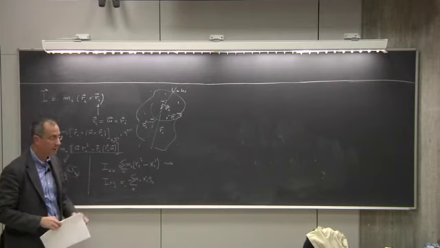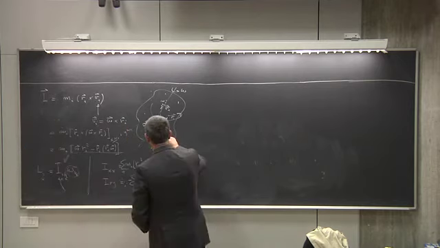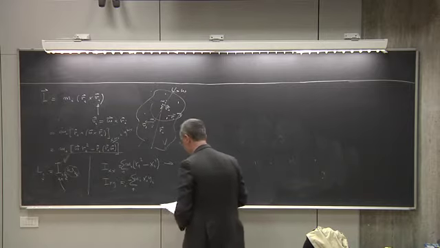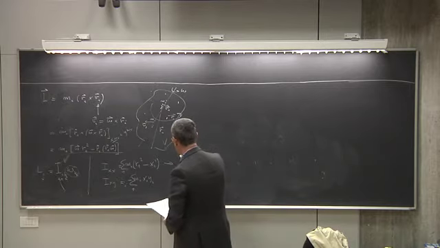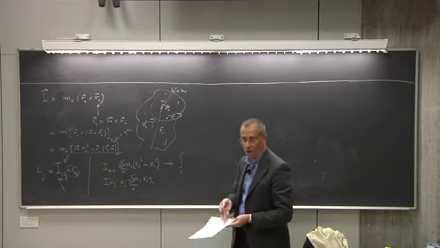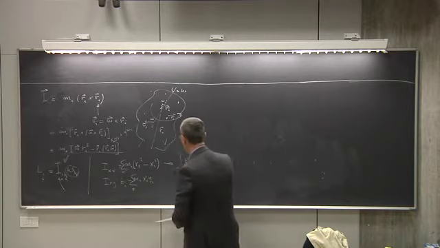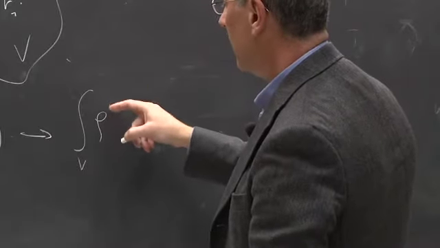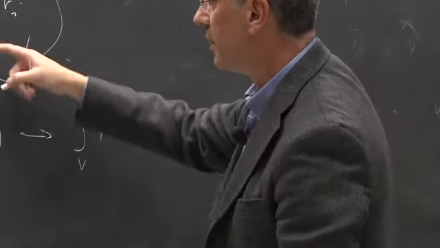You integrate over the volume of your rigid body. And therefore this guy here is just the integral over the volume of the density of mass that we call rho. So this is the mass of the body divided by the volume.